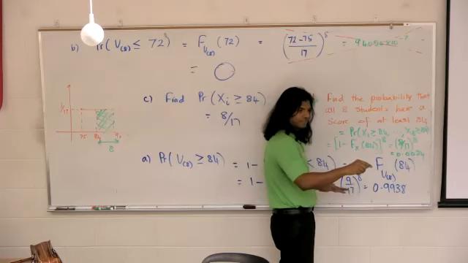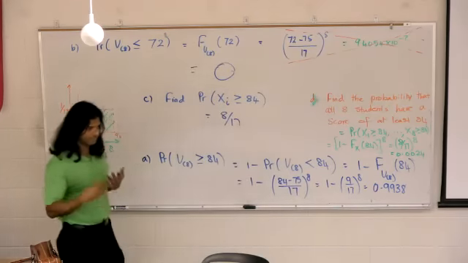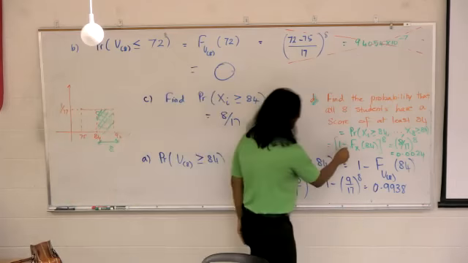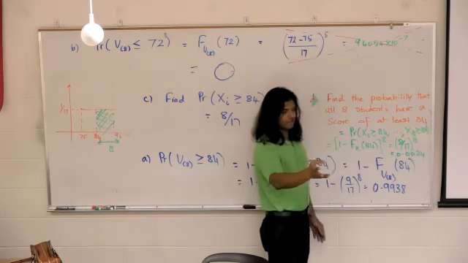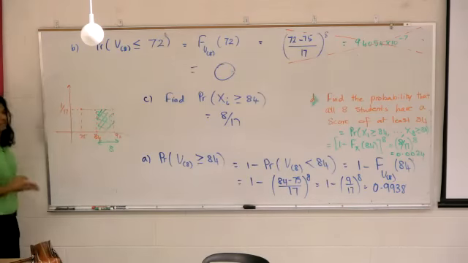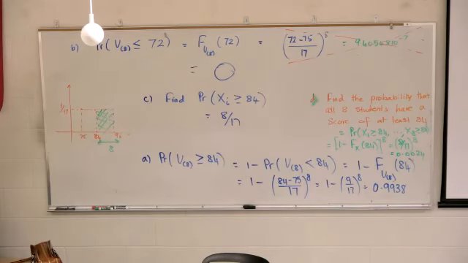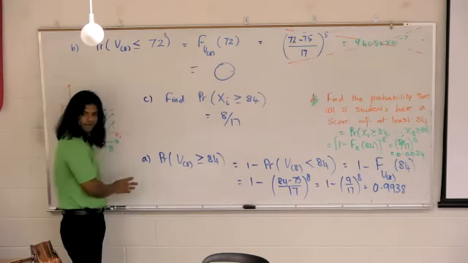So 9 over 17 multiplied by itself 8 times, you would have 9 over 17 raised to the 8th. That is the logic over here. The first student is over 84, second student over 84, all 8 of them over 84, that probability is 0.0024. But that is not what we are answering in this part.